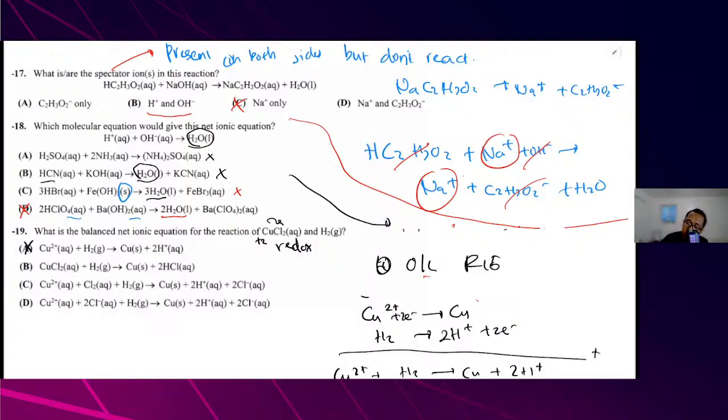So Cu2+ becomes Cu, and H2 becomes 2H+. How about the Cl? We don't care about the Cl, because we only need to determine which one is reduction and which one is oxidation. Okay, that's good for number 19.